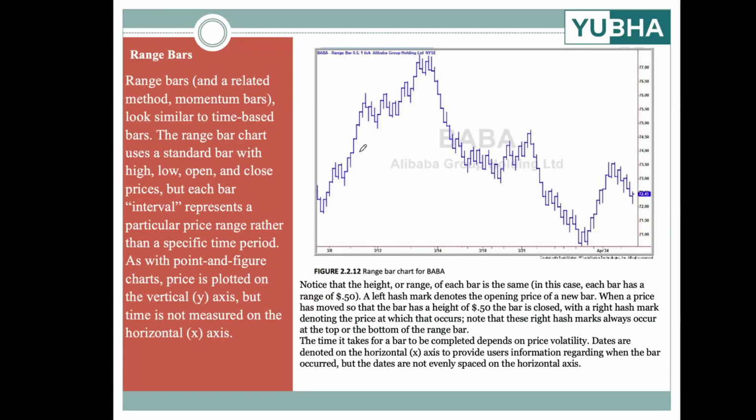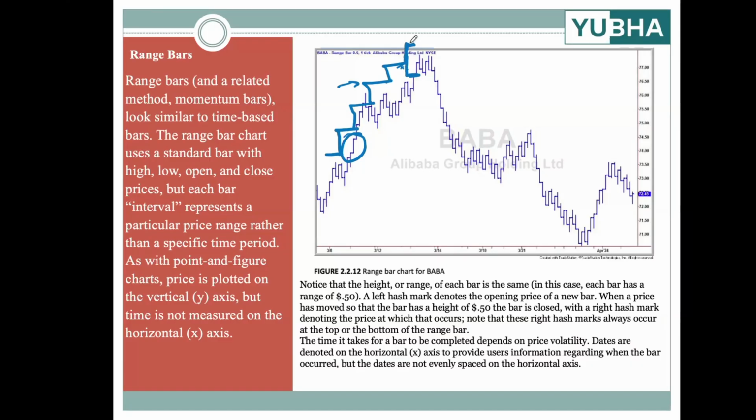In most cases what you're seeing is that you do not have a wick. Basically it's opened over here, gone up $5, gone up $5, gone up $5, gone up $5. But in this particular bar it's gone up $3, it's come back and closed over here, which means it's closed at this level, which is $5 lower.